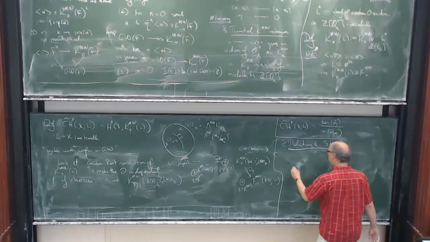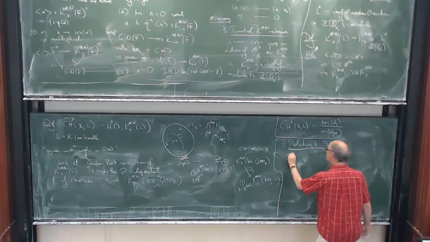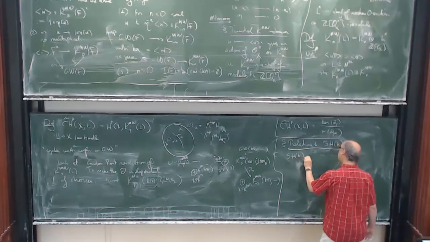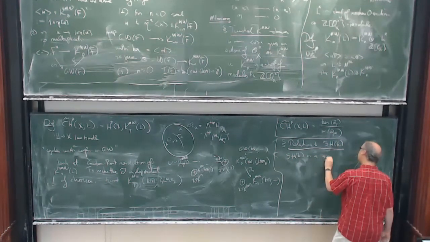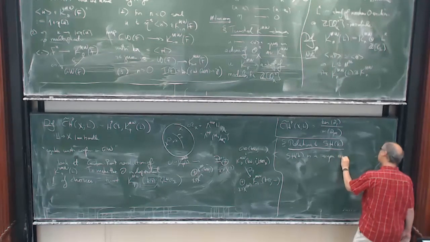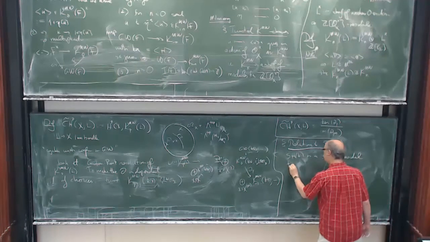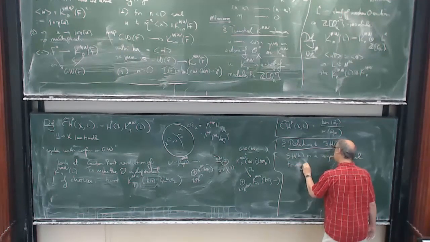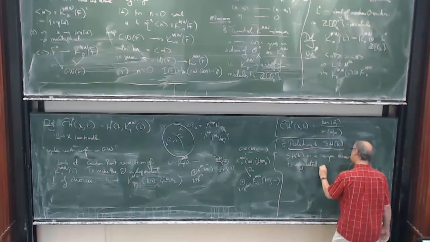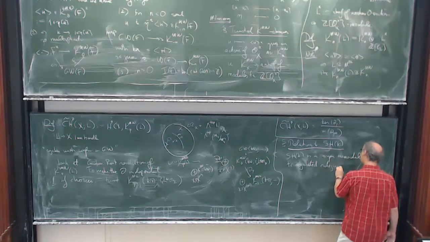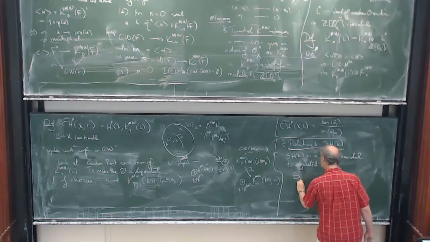But this thing, this SH of k, is a symmetric monoidal triangulated category. So the unit is the so-called sphere spectrum.